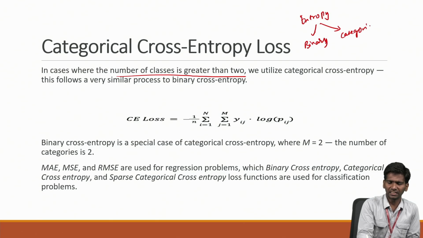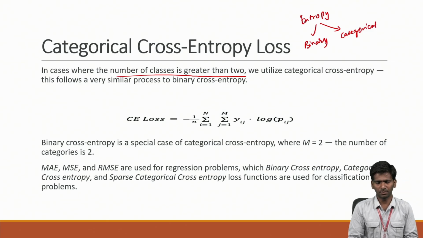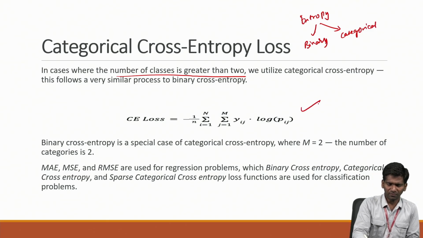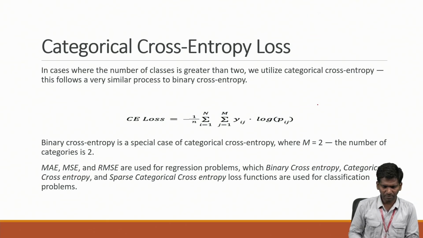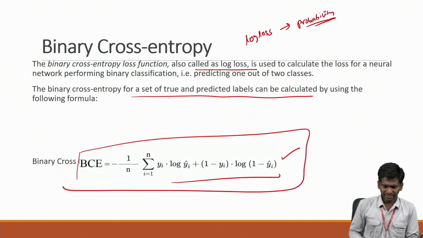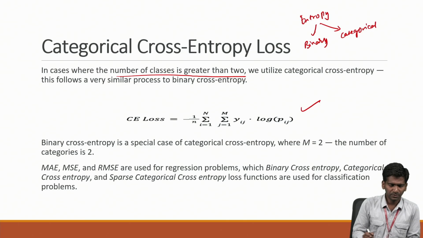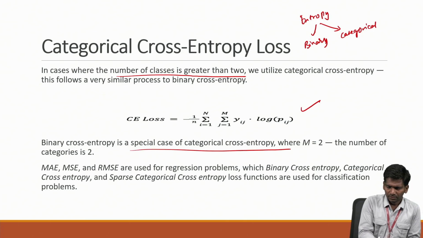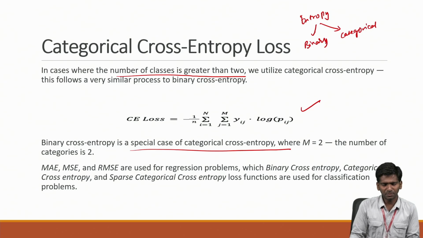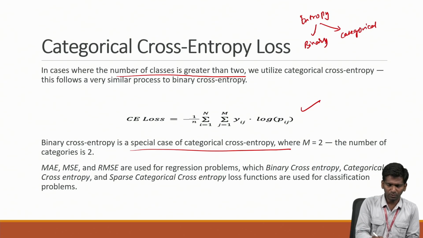Categorical is nothing but a multi-classification type of problem. This is the formula for it. It is somewhat similar to binary cross entropy if you compare both equations. As mentioned here, binary cross entropy is a special case of categorical cross entropy where m equals 2, the number of categories. So here the m value is calculated.